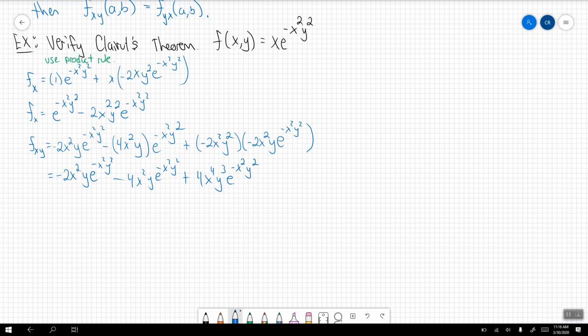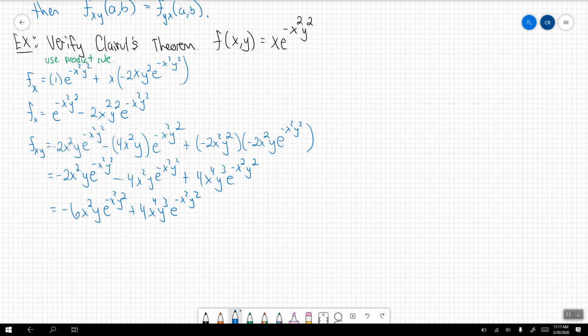Nice. Now, the first two terms are like terms, which means we can condense this into negative 6 x squared y e to the negative x squared y squared, plus 4 x to the fourth y cubed e to the negative x squared y squared.